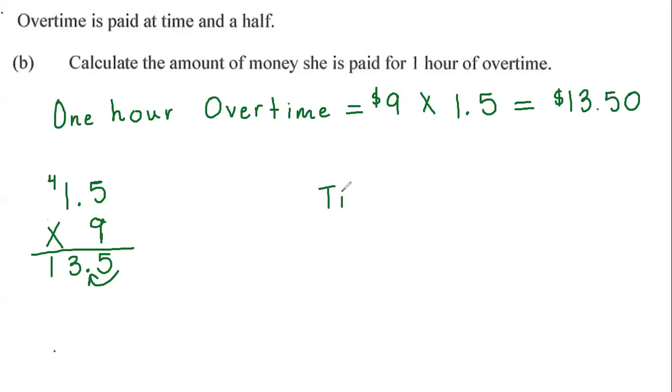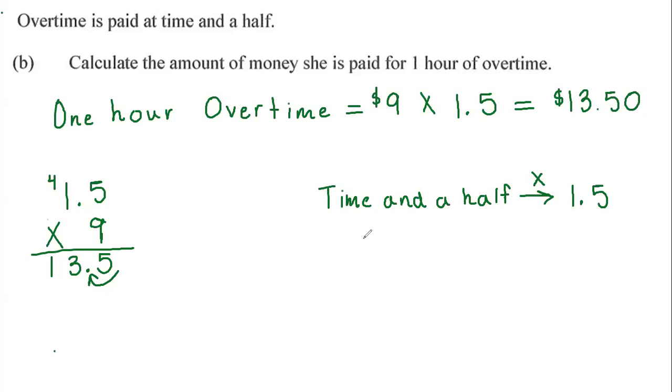By the way, if they say time and a half, we always use what? We multiply by 1.5.